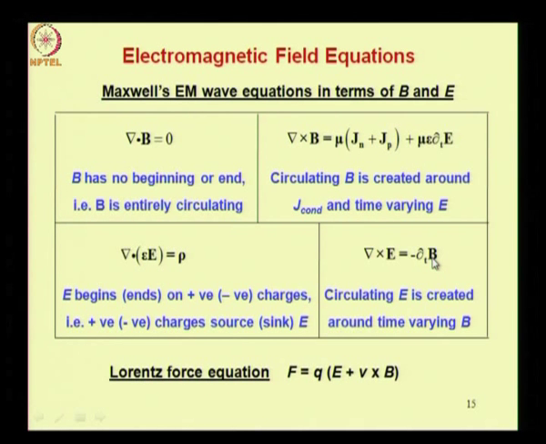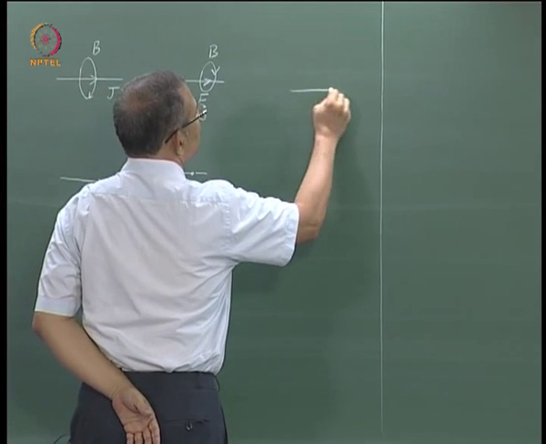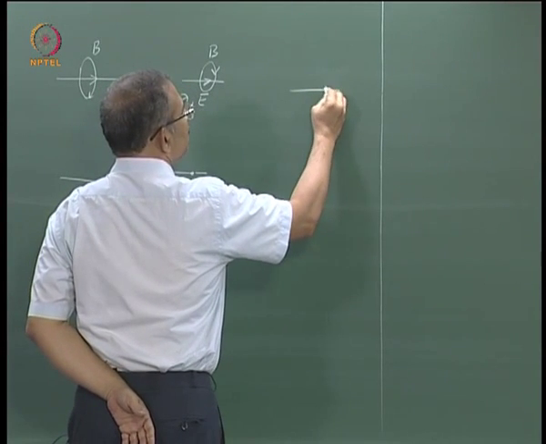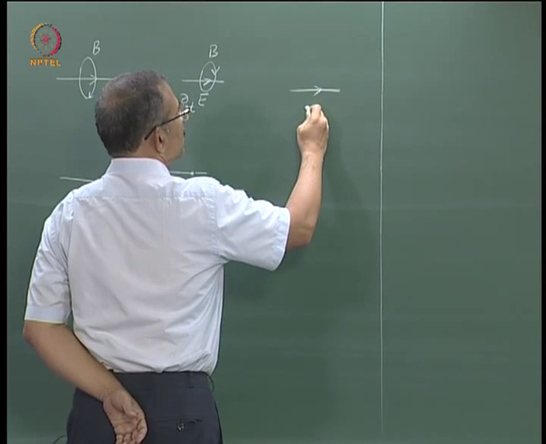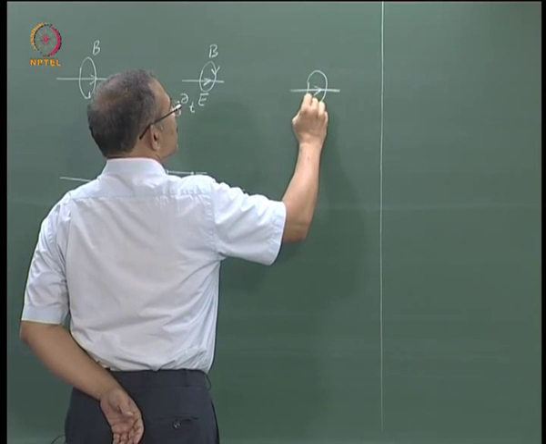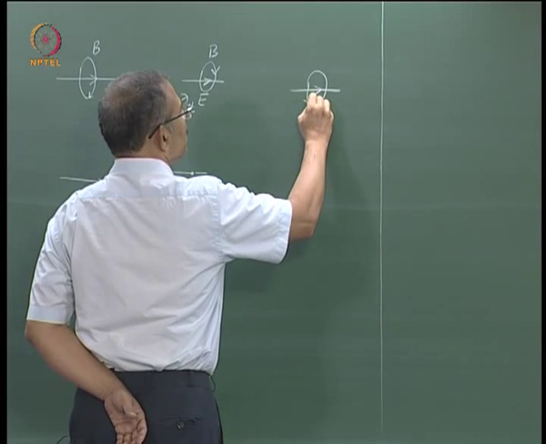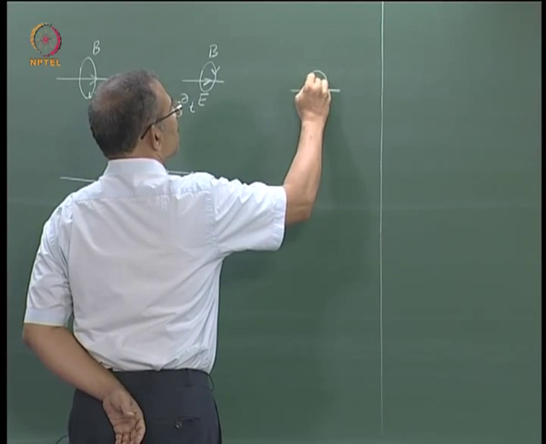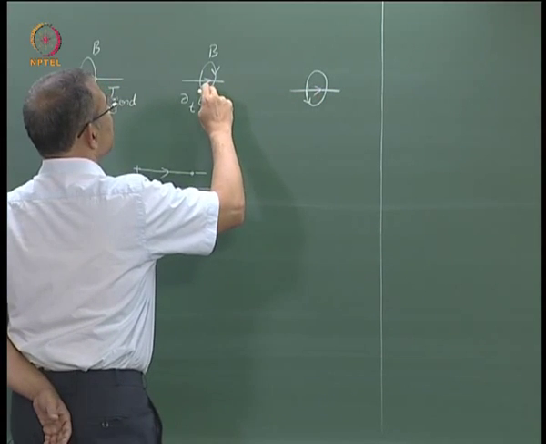So again one can draw a diagram similar to this, that if there is a magnetic field something like this at any point, then around it there will be a curl. However, there is a negative sign in the relation and therefore the direction of the circulating field will be opposite to that what you get here.